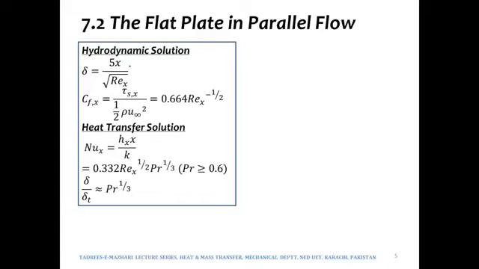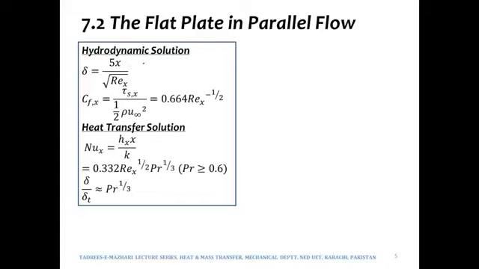He then developed a sort of table wherein he had listed various values. So there is a derivation behind this expression, which is delta is equal to 5x over root of Reynolds number.